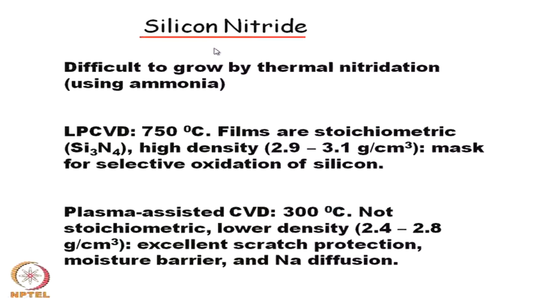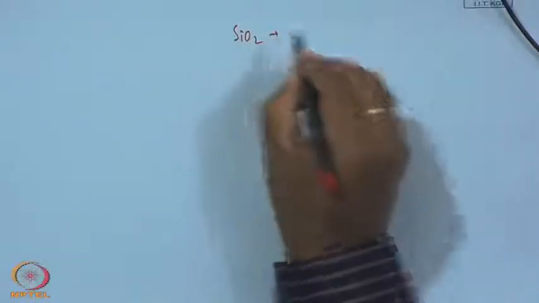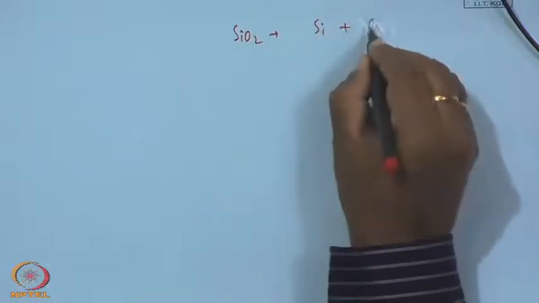Next is the silicon nitride film. This silicon nitride film is not grown by nitridation like oxidation. In case of SiO2, we have seen that silicon reacted with oxygen, so it is oxidation.